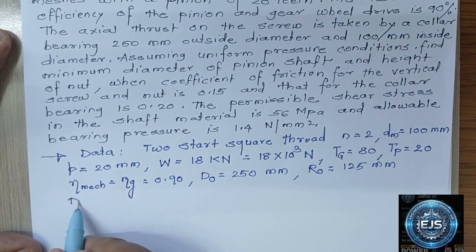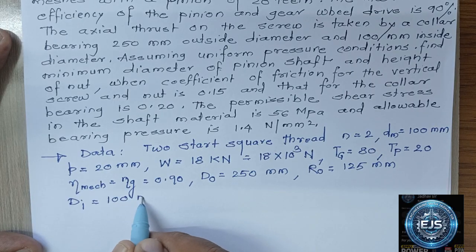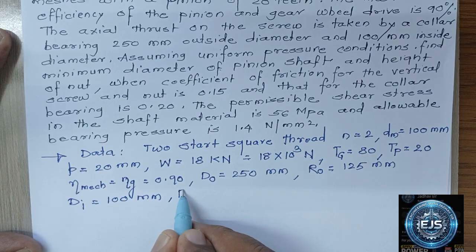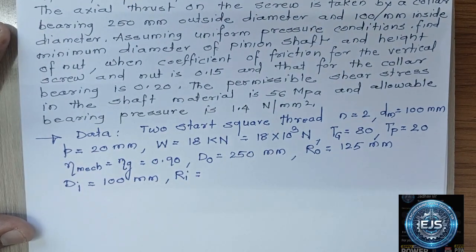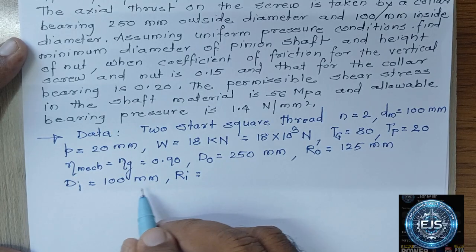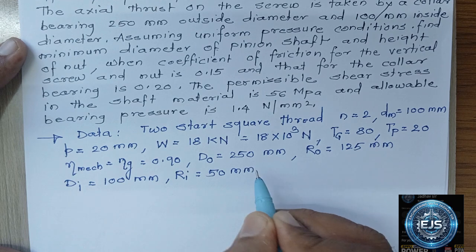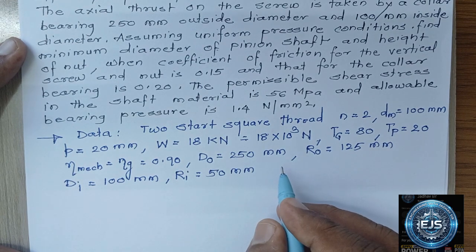Then the inner diameter of the collar, DI, is given as 100 mm. RO and RI are the outer radius and inner radius of the collar. The inner radius is half of DI, so it is 50 mm. So the outer and inner radius of this collar bearing are given to us.